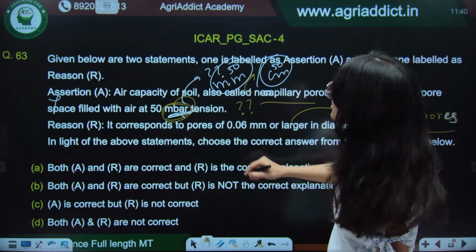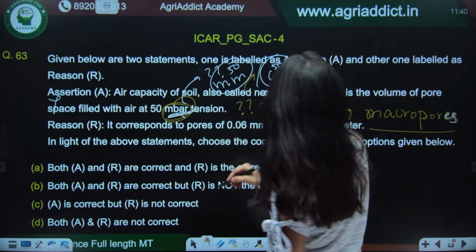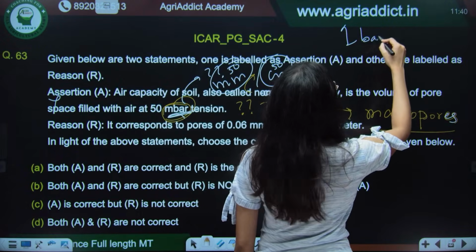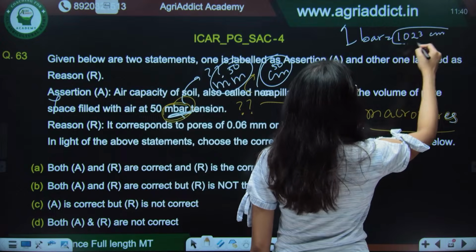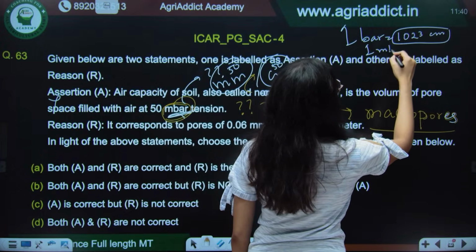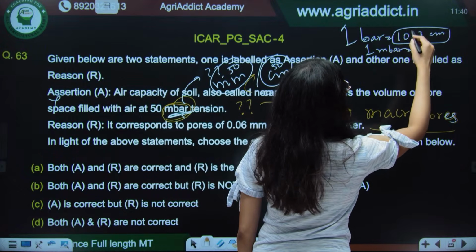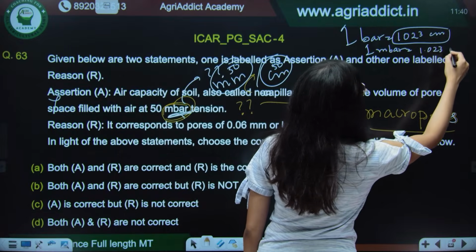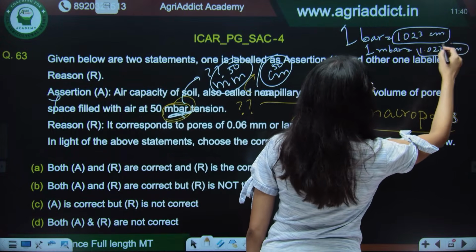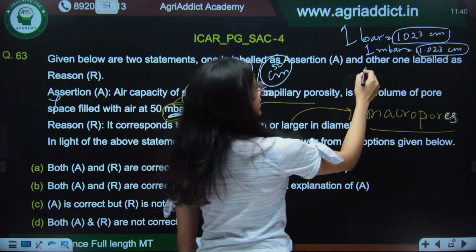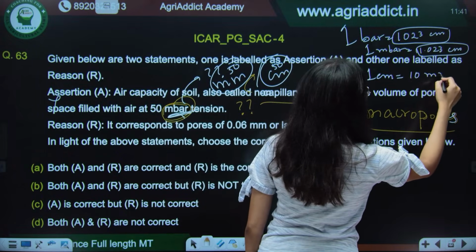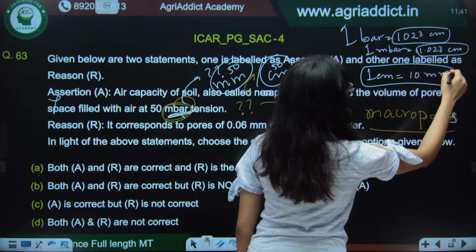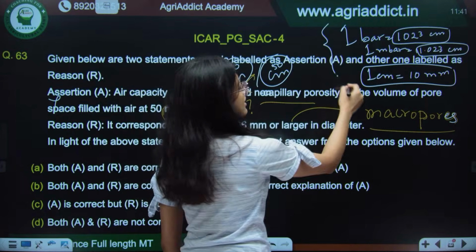So, it is supposed to be 50 millimeter, not 50 millibar. Okay. 1 bar is equal to 1023 centimeter of water, I am writing. So, 1 millibar will be 1.023 centimeter, I can easily write. Okay. So, 1 centimeter is equal to 10 millimeter. So, these are just the conversion units.